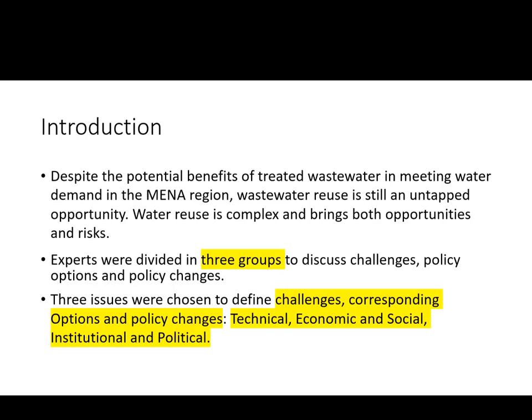Despite the potential benefits of treated wastewater in meeting water demands in the MENA region, wastewater reuse is still an untapped opportunity. Water reuse is complex and brings both opportunities and risks.